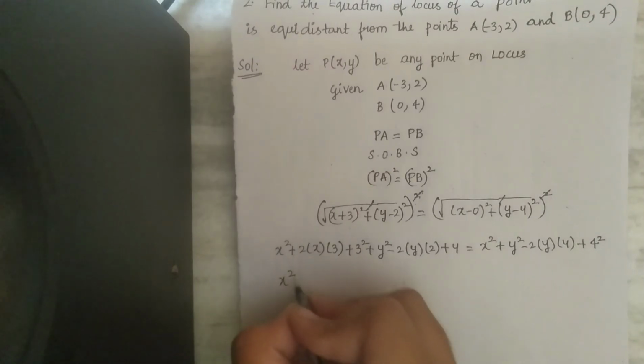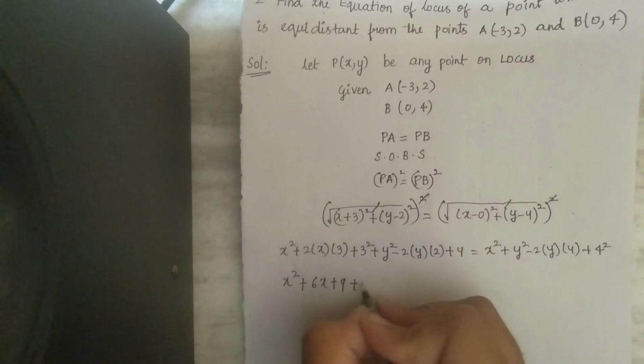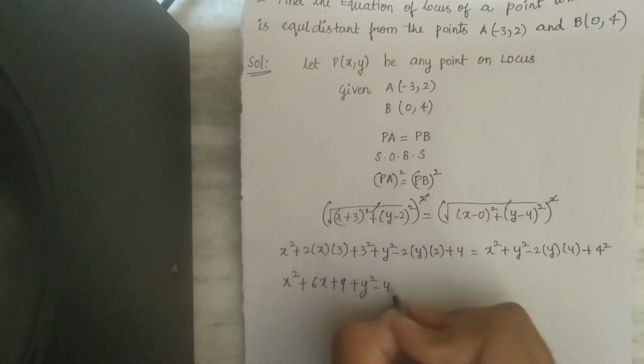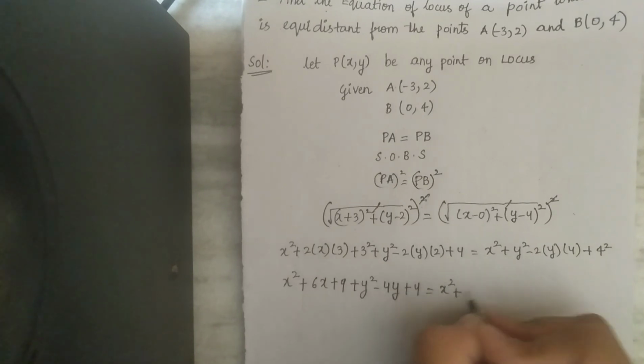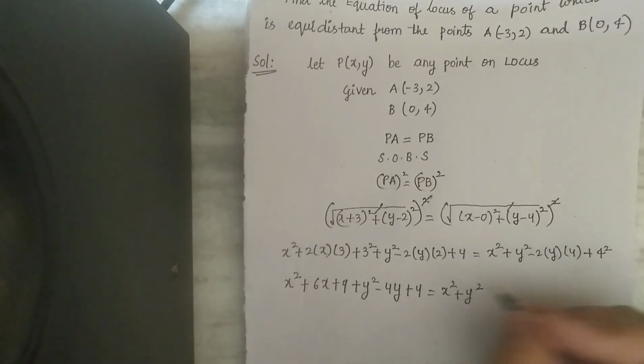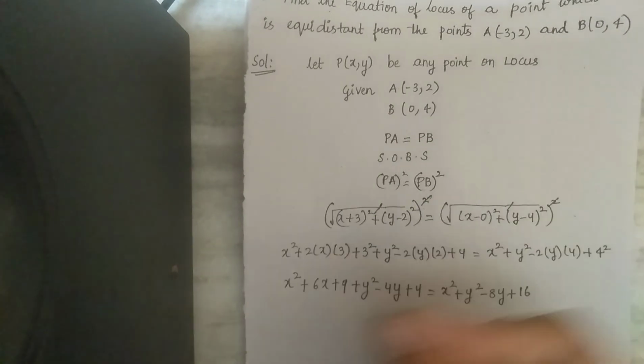So here x square plus 6x plus 9 plus y square minus 4y plus 4 is equal to x square plus y square minus 8y plus 16.